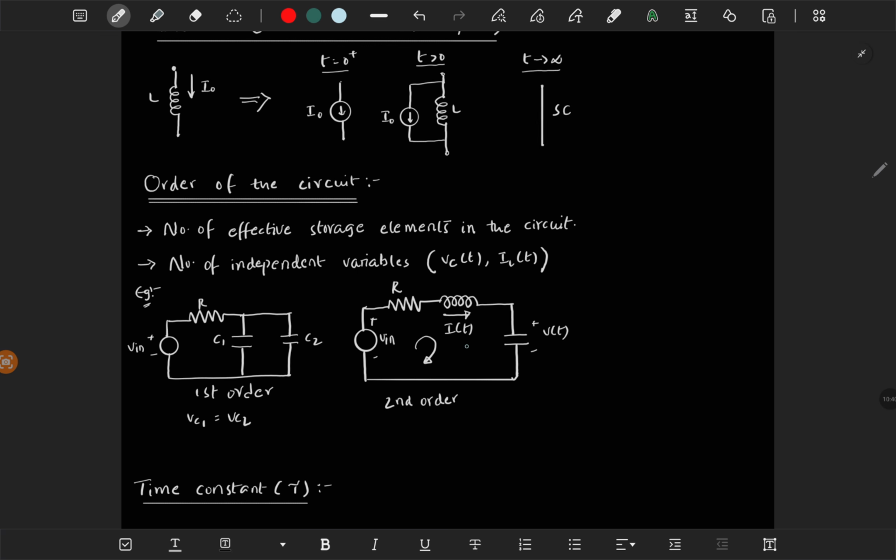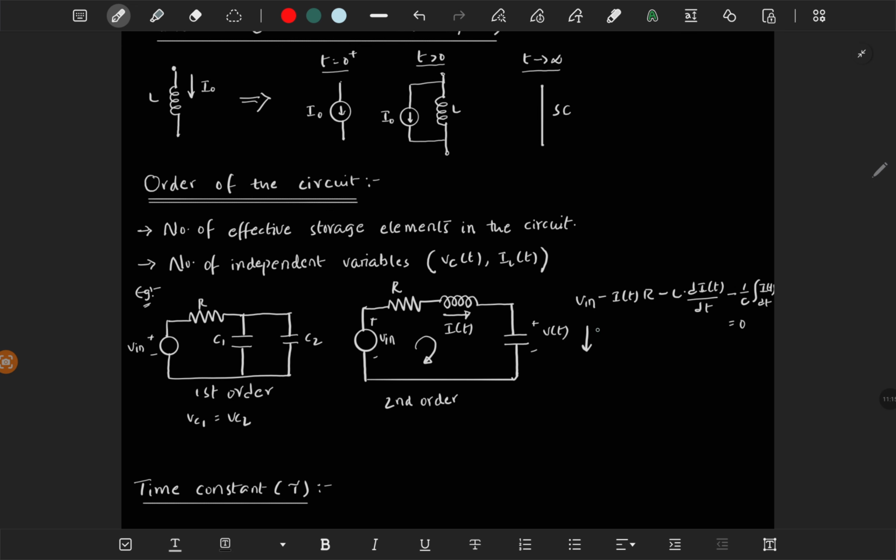And I think we can write KVL here. So V in minus I of t into R minus L times di by dt minus V of t, which is 1 by C integral I dt, is 0.